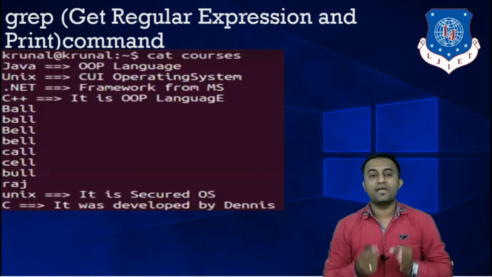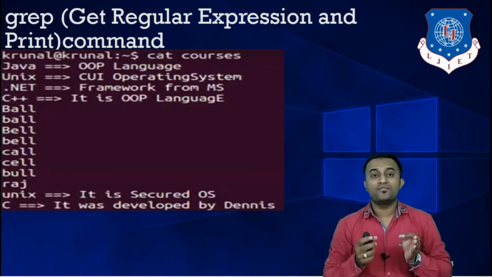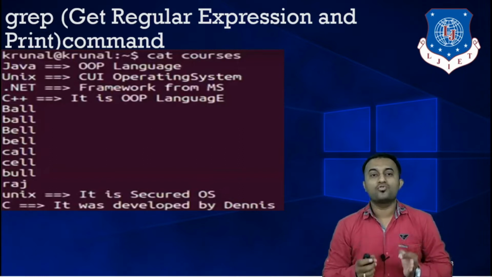The detailed description of the cat command we have already discussed in the previous session, so I'm not going to discuss that once again, but keep in mind that if you want to create a file, append something to a file, or display the content of a file, you can use the cat command.